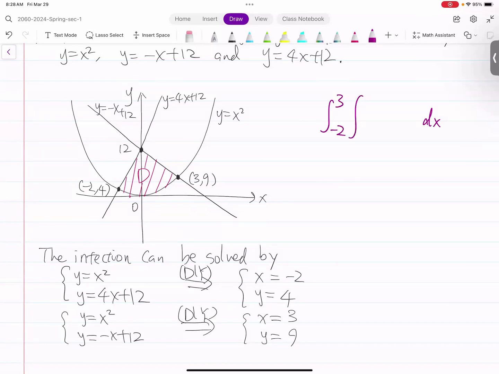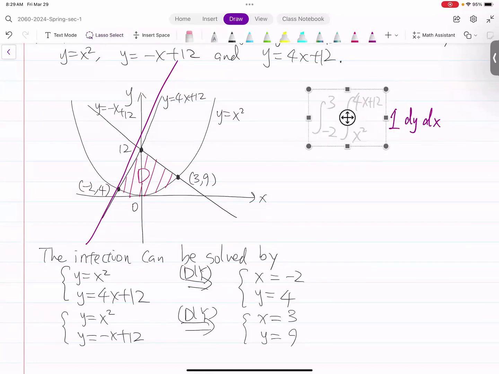And here, I can use my x squared as lower bound for y, okay? Because here this parabola is lower, right? But then, what do you think if I put the upper bound to be this line, and then I integrate 1?